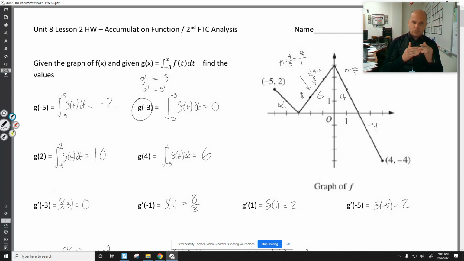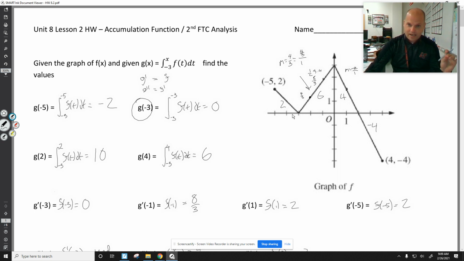I start at negative 2, which I already found, and I will increase 2 to get to 0. I will then increase 10 more to get to 10, and then I will decrease 4. The area under this derivative gives me my change in my total. So it's got to be here at negative 2 is my minimum value because I'm only increasing 2.